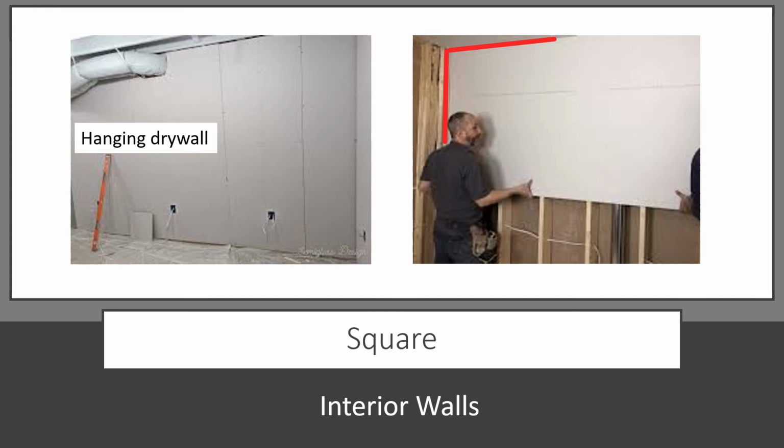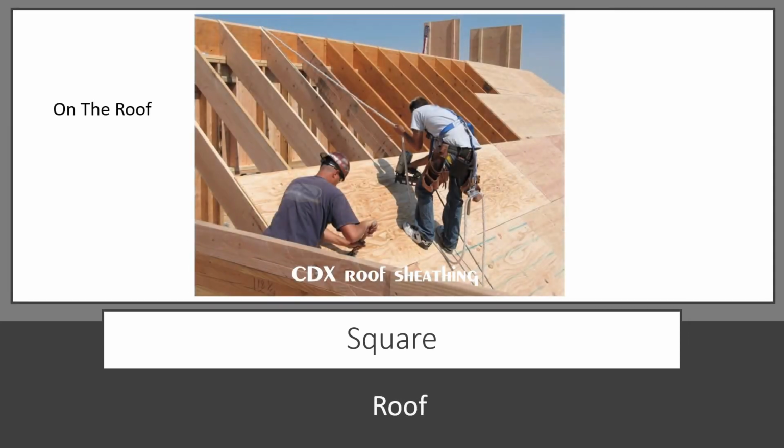If this isn't a 90-degree angle in the corner, well, that piece is going to have to be cut. It's just more work. Instead of just being able to pick it up and nail it in place, you've got to cut it to make it fit the wall. And then you've got to be more careful about where the studs are. Here on the roof, 90-degree angles.